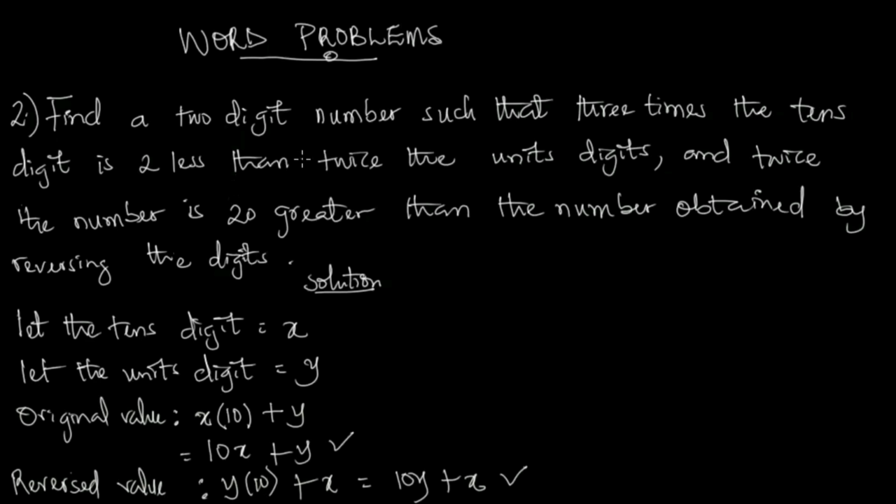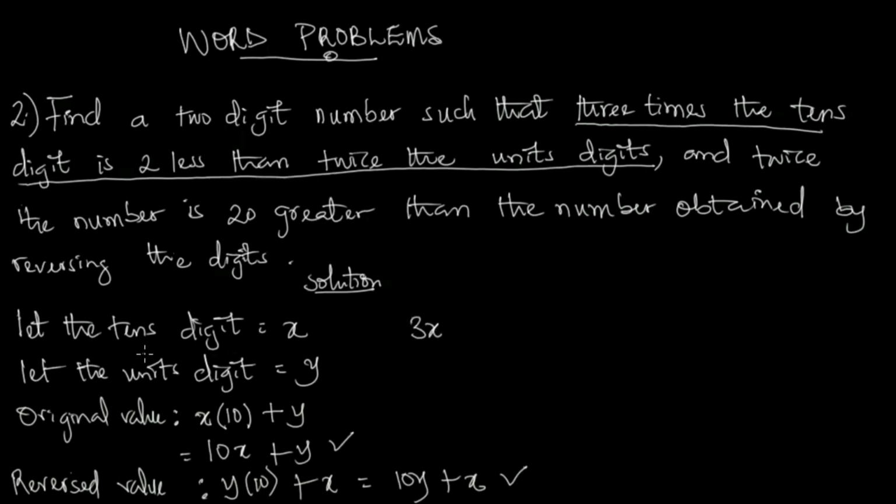So when you're solving word problems, always interpret the lines. You go line by line. Find a 2-digit number such that 3 times the 10th digit is 2 less than twice the unit digit. So let us interpret this. 3 times the 10th digit will be 3x, because the 10th digit we were representing with x, is equal to 2 less than twice the unit digit.